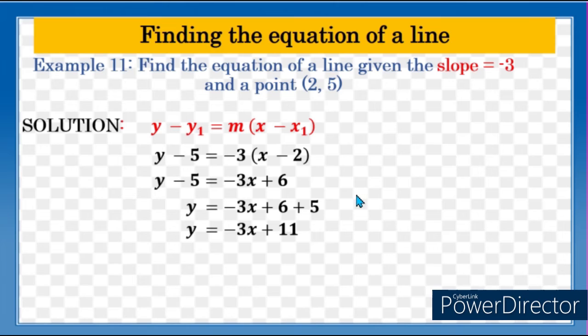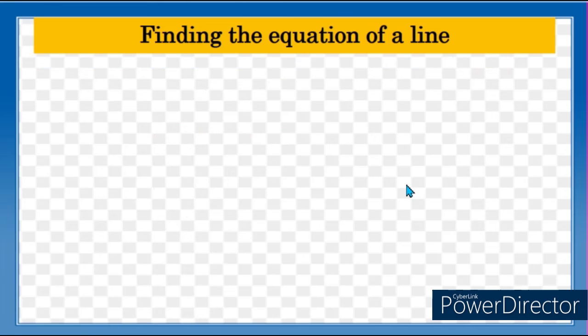So, meron po tayong y plus 3x is equal to 11. Or y plus 3x minus 11 is equal to 0. Or pwede rin pong 3x plus y is equal to 11 or 3x plus y minus 11 is equal to 0. Okay? Now, let's proceed.